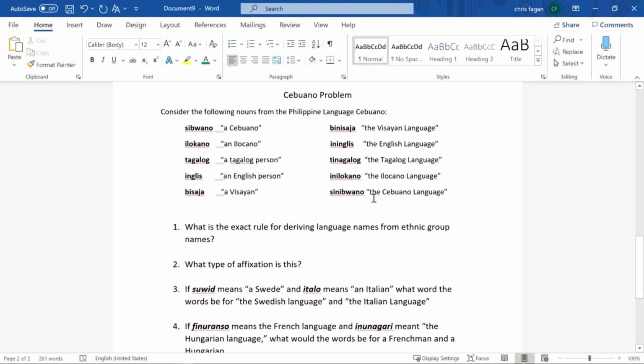We're first looking for recurring forms, and then after that, we're looking for recurring meanings. So I see these forms here: Cebuano, meaning a Cebuano or a person from Cebu, Ilocano, an Ilocano or a person from Ilocos, Tagalog is a Tagalog person, English is an English person, Bisaya is a Bisaya person or a Bisayan.